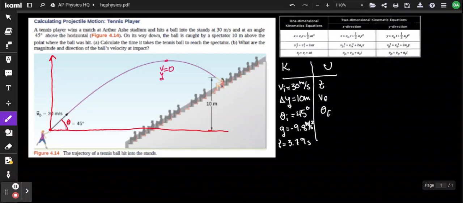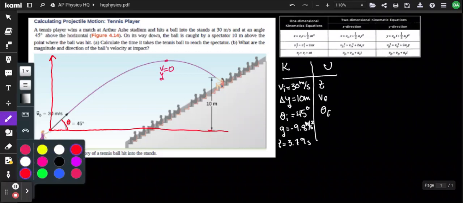Okay, part B is asking us what the magnitude and direction of the ball's velocity is at impact. The good thing is we know the time it takes for the ball to reach the spectator, which is 3.79 seconds, and we have our initial velocity and angle. So all we have to do is look at our x and y components and figure out the addition of them.